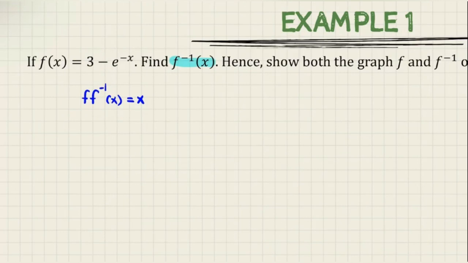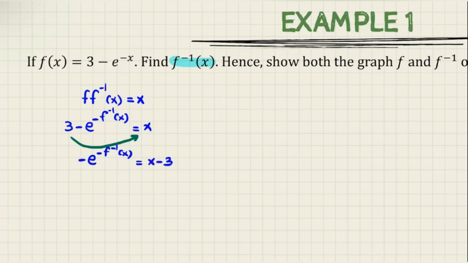So I will get 3 tolak e of negative f inverse of x will be equals to x. Okay, dan sekarang ini kita akan jadikan F inverse sebagai subjek. So first of all, kita akan pindahkan 3 ke bahagian kanan. So saya ada negative E of negative F inverse of X will be equals to X minus 3.